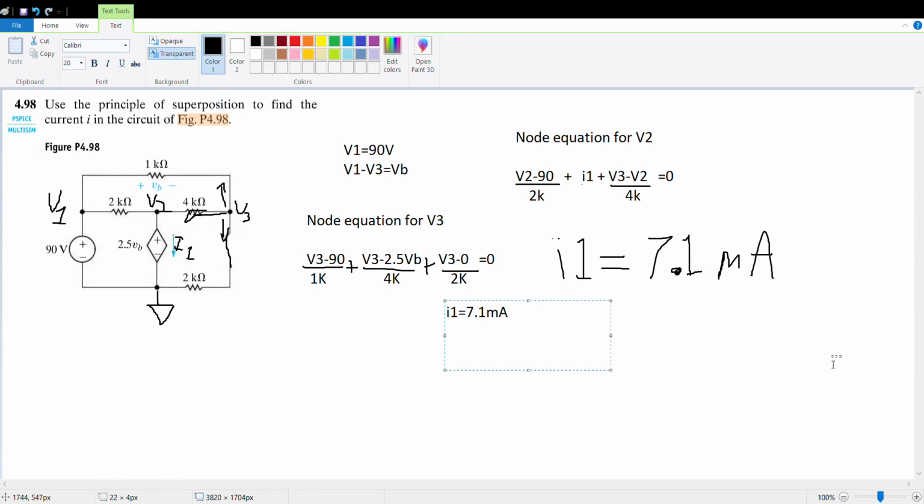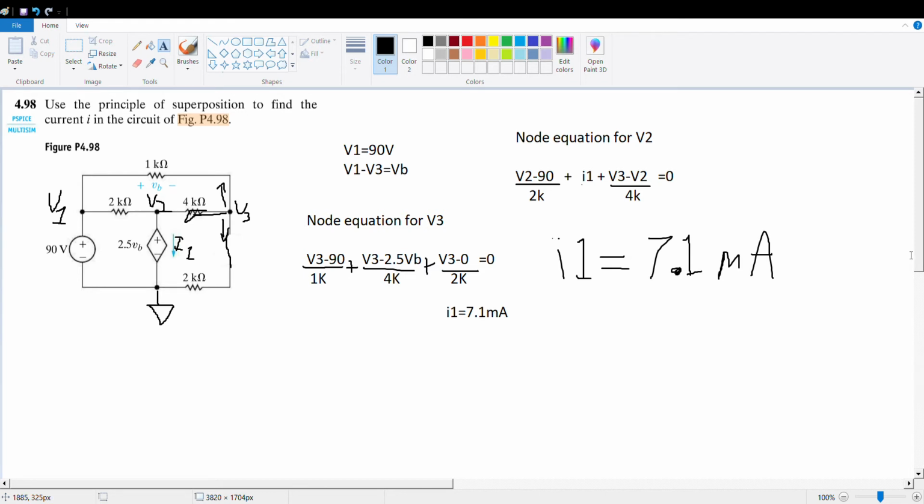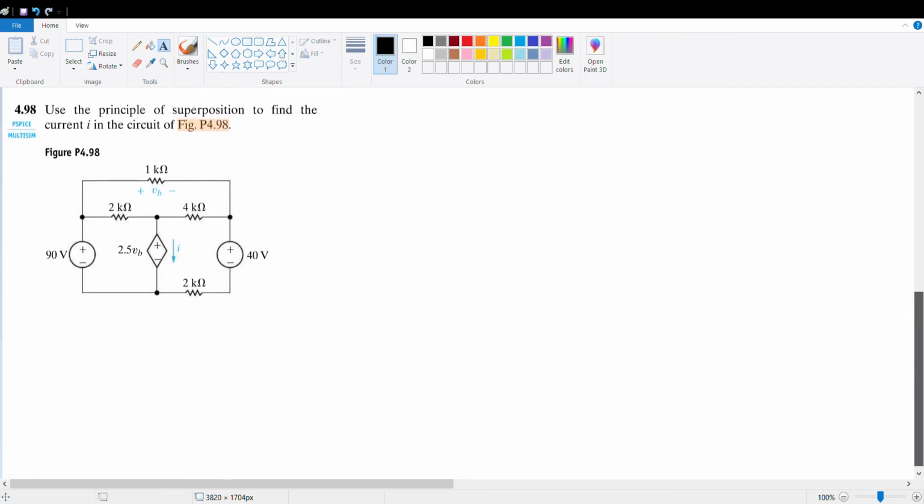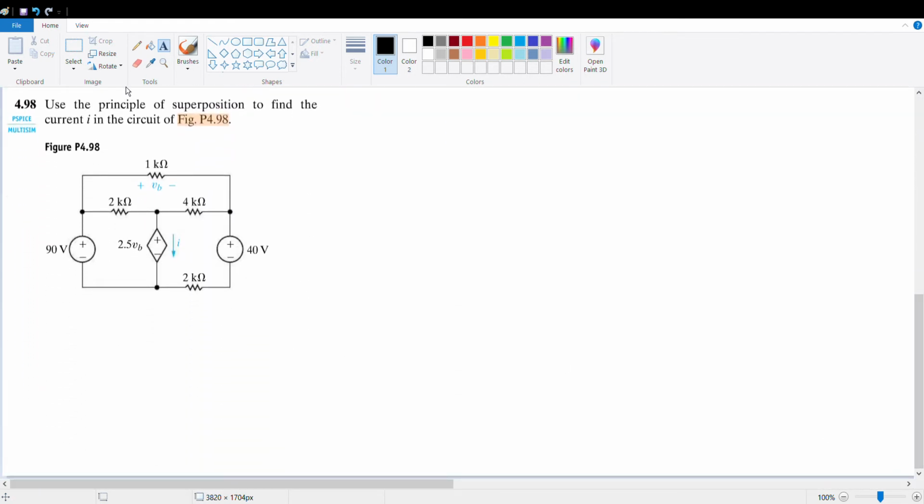So we're going to do this again, but solving for when the 90 volts is shorted, and solve for I just like we did in the previous case. We name our nodes V1, V2, V3.